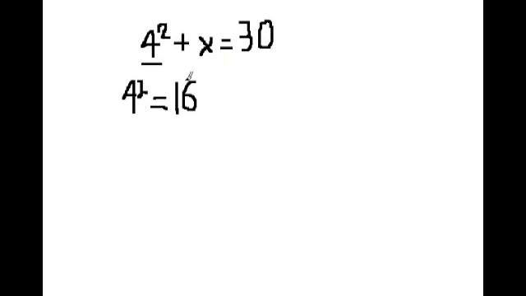So now that we know what 4 to the power of 2 is equal to, we can have a more simplified equation. The reason I had to simplify the exponent is because subtracting 4 to the power of 2 from 30 would be easy mentally, but physically to write it out would be challenging, and it makes things harder for us.